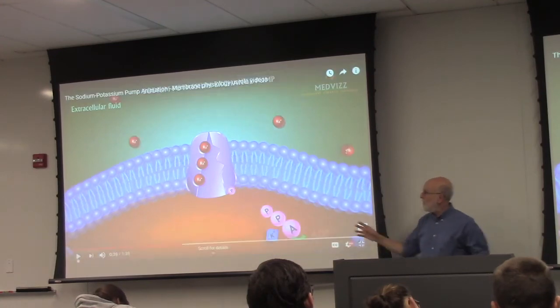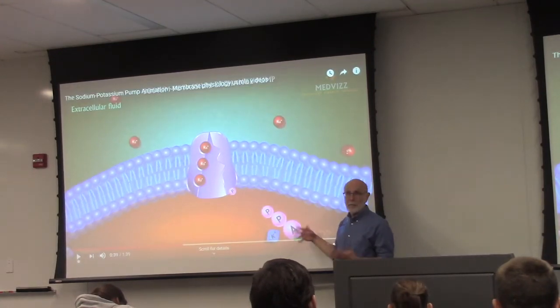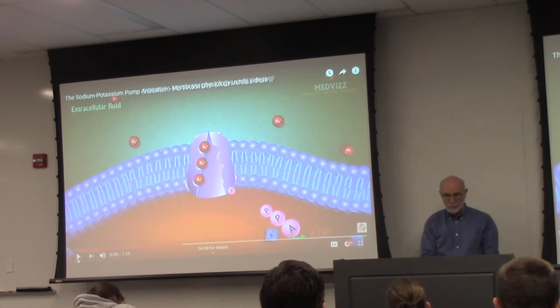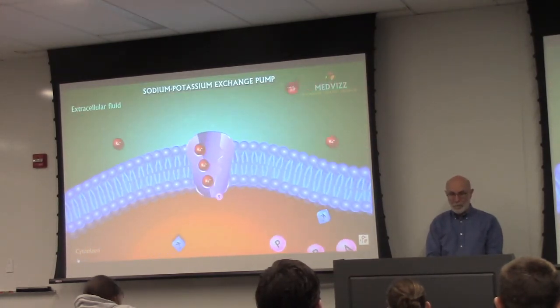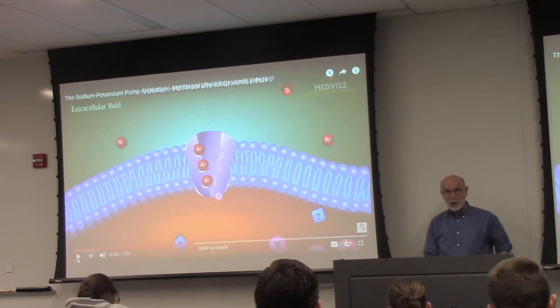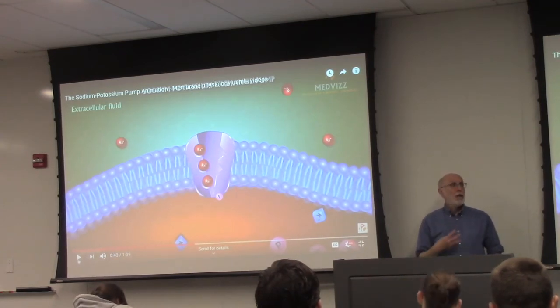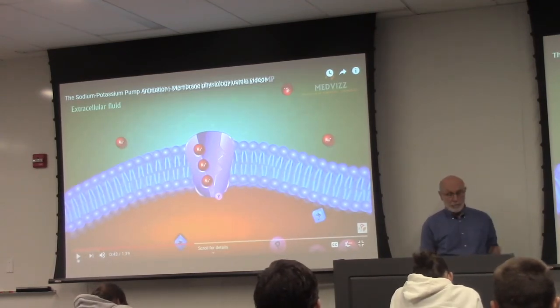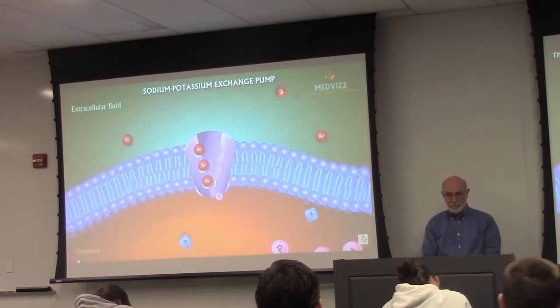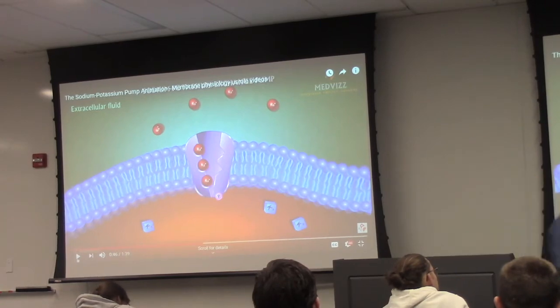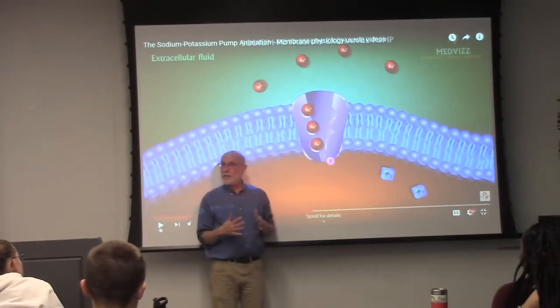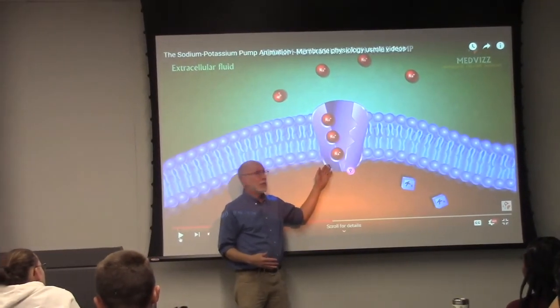So of course, ADP is now released. Phosphorylation triggers a large global conformational change. It went from inward facing for the sodium binding sites to now outward facing.